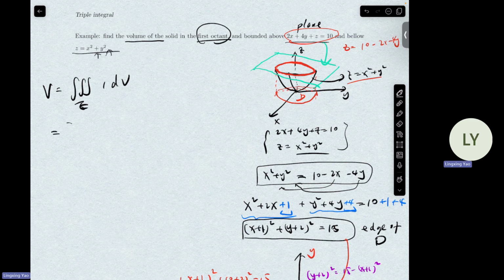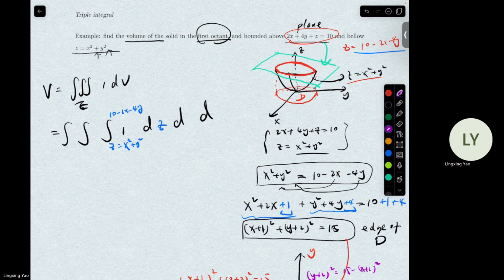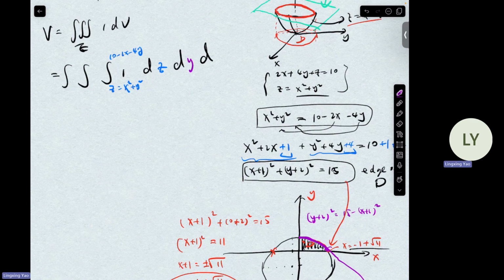All right, it will be, again, constant 1. The Z variable is again used for the interior integral. It is between x squared plus y squared to this one, 10 minus 2x minus 4y. All right, and then we pick the point from this domain D, which is for the y variable, which is integrated in the middle integral.